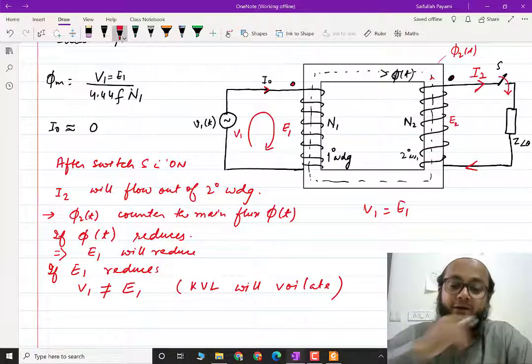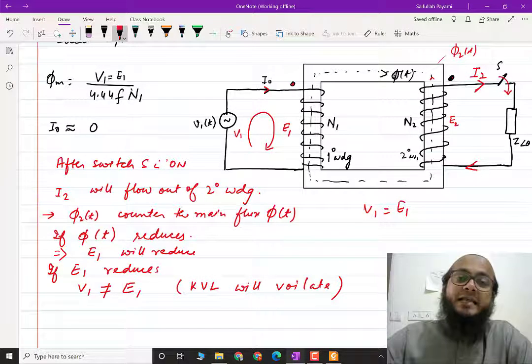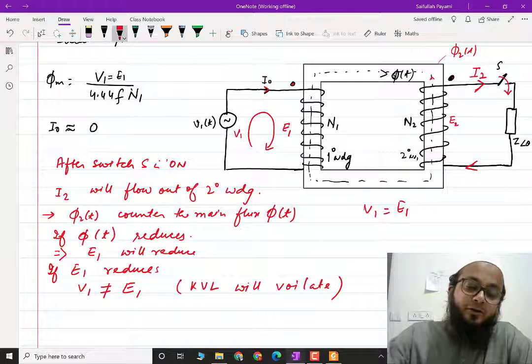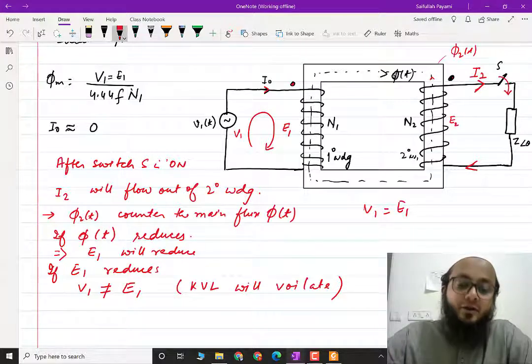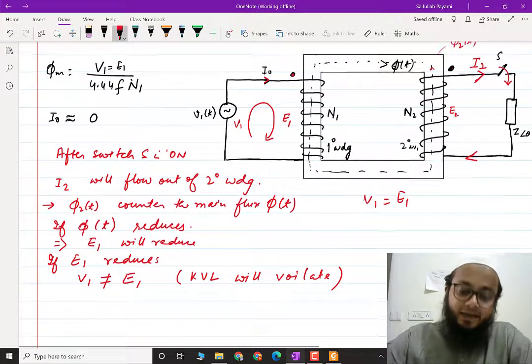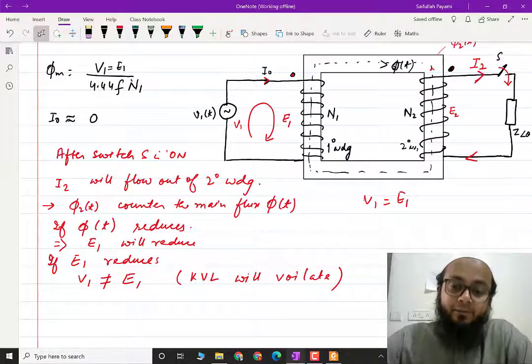So what will happen now is, instead of reducing the flux, an equivalent amount of current would be drawn from the source in such a way that the MMF balance is there.